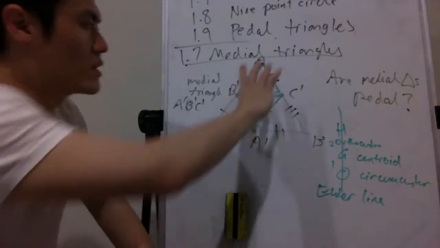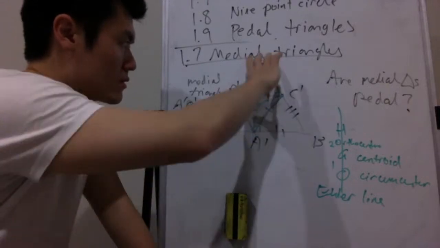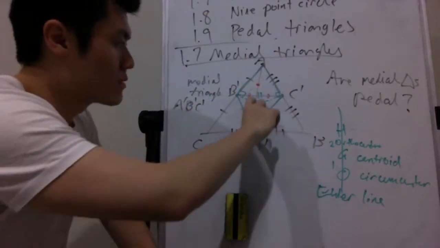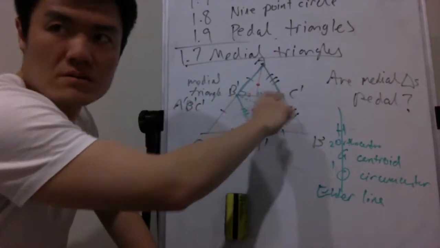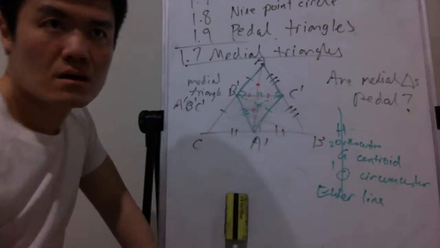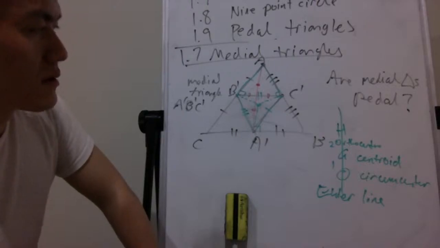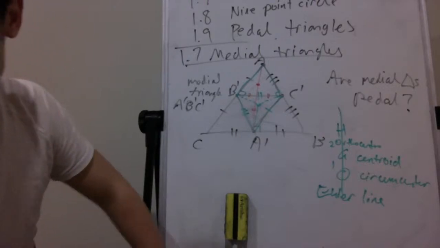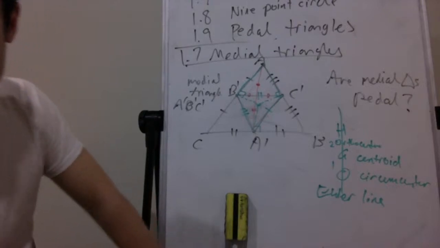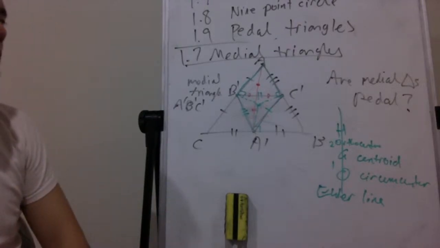So the median from A to BC is also the median from A prime to B prime C prime. That makes sense because they're similar triangles. If they're similar, then things are meant to be equal: if C A prime equals A prime B, then it's going to be bisected.